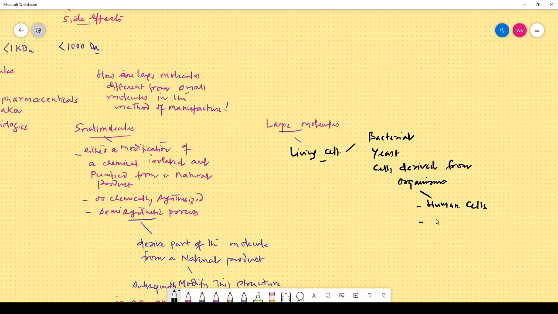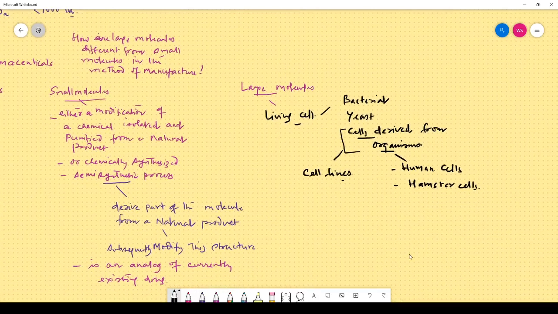Okay, from the hamster cells. Okay, so cells derived from organisms, we call them cell lines. Okay, so they are basically large molecules then are biologically derived molecules.